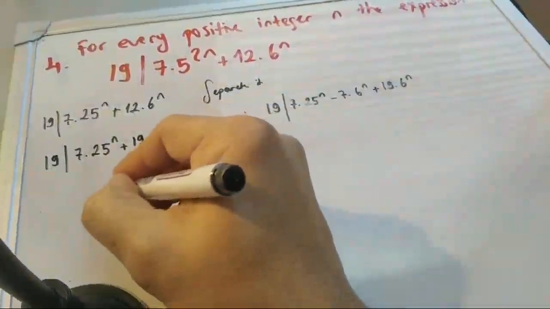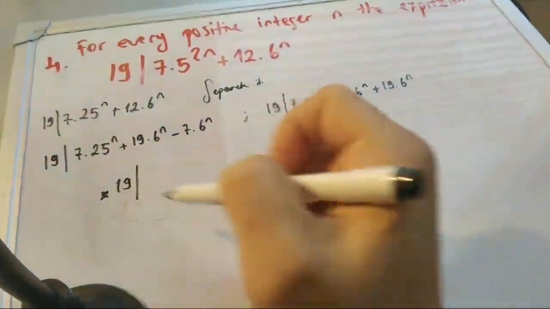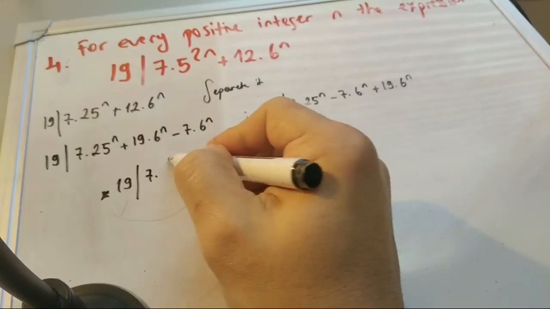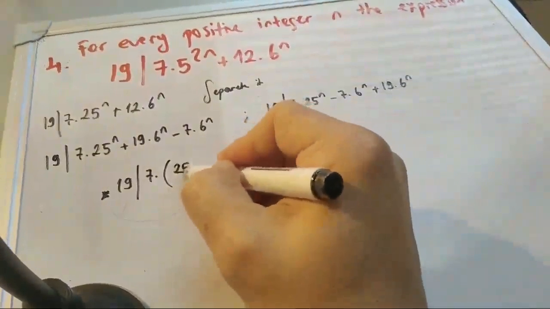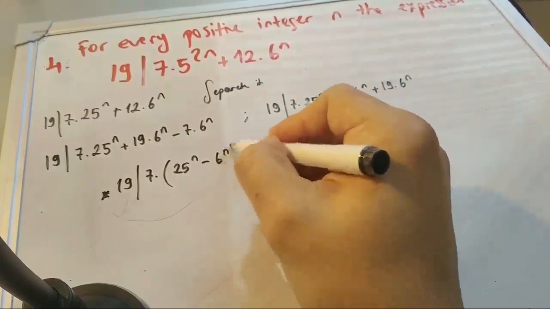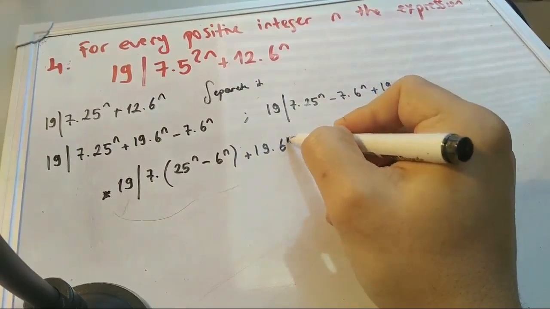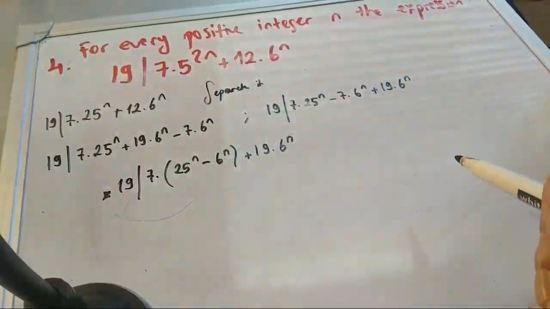So 19 divides 7 times 25 to the power of n minus 6 to the power of n, plus 19 times 6 to the power of n.